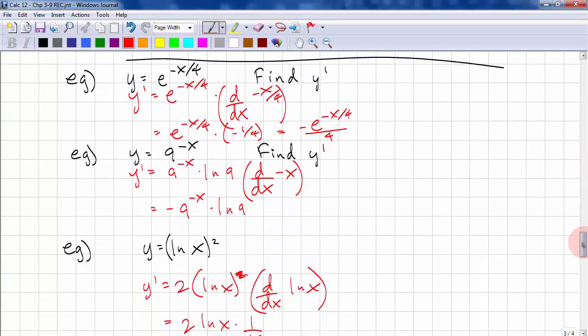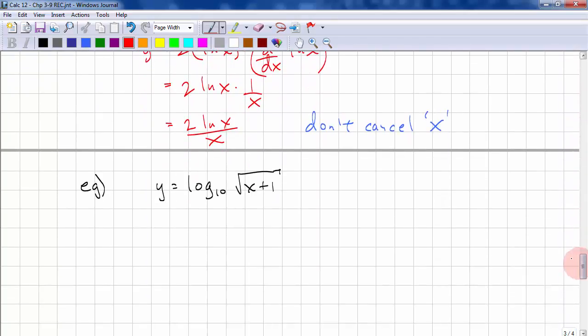Let's look at an example. So y prime equals 1 over, we take u, square root x plus 1, and we're multiplying by ln 10. Now we also need to take the derivative of u, dx, square root x plus 1.